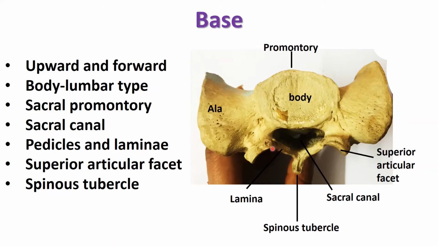Laminae are oblique and directed backward and medially. The 2 laminae unite to form the spinous process or spine. Here it's called the first spinous tubercle.